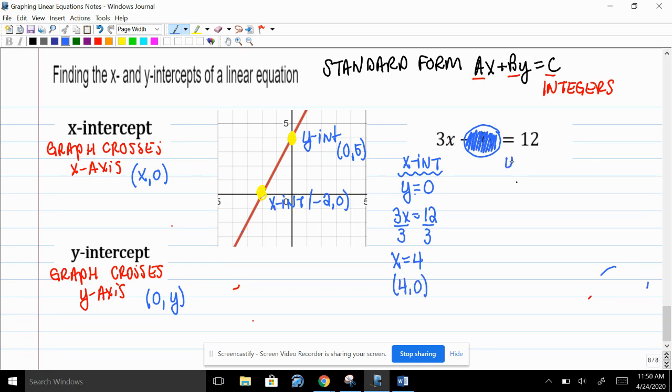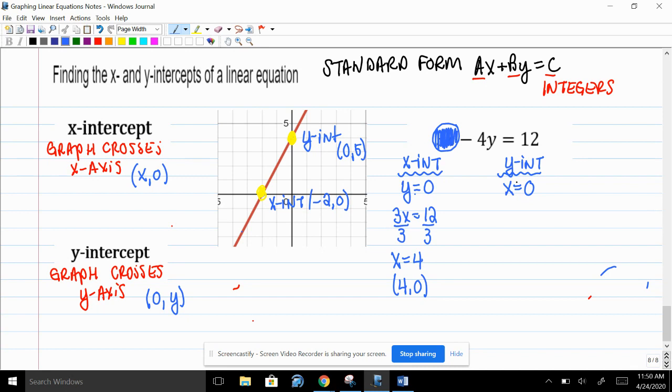For your y-intercept, it's basically the same thing, again, just in reverse. Let me bring my y back. For the y-intercept, remember your x is 0, right? We talked about that over here. Your x is 0. So if I put 0 in there, it's going to make that 0.